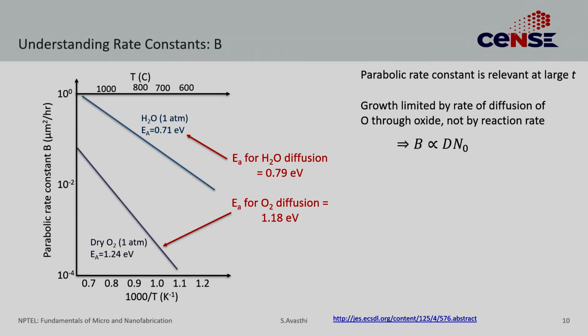Once again, the parabolic rate constant is plotted on this Arrhenius curve as a function of 1000 over T. Just to help you along, there is a temperature axis on the top, so you can understand this is decreasing from 1000 to 600 degrees C. We are doing this analysis again for two oxidation species, water and dry oxidation. Now, unlike before, in these two cases we do measure a different activation energy. These activation energies are different. They are not the same.